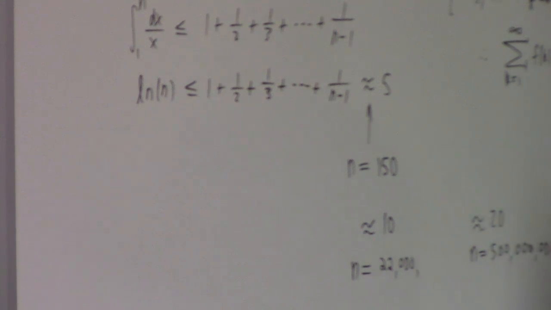You say that so calmly. If you would like to get the sum of reciprocals to about 100, well, you better take some time. You're going to need about 2.7 times 10 to the 43rd steps.